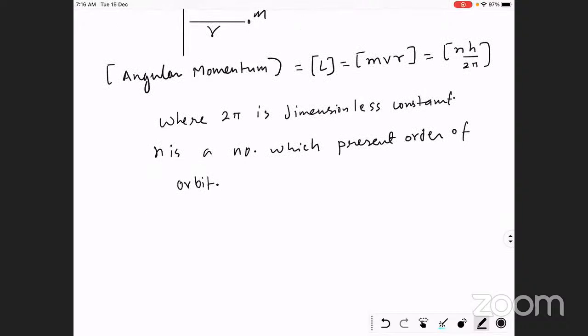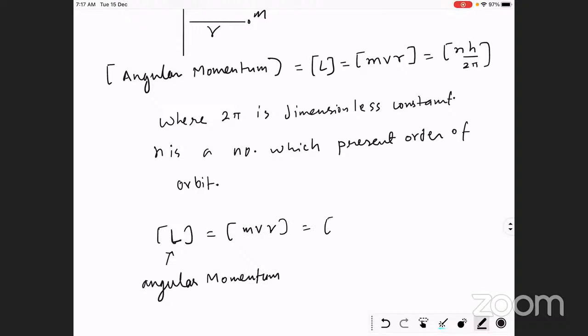So we can say that angular momentum L, L is not length here, L is angular momentum here. MVR, and if we keep only h, because 2 pi is dimensionless and n is a number, they do not have any dimension.